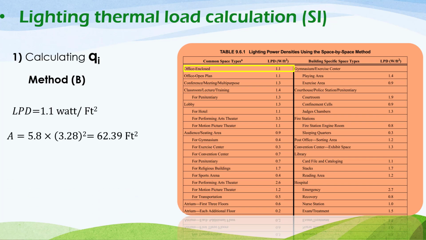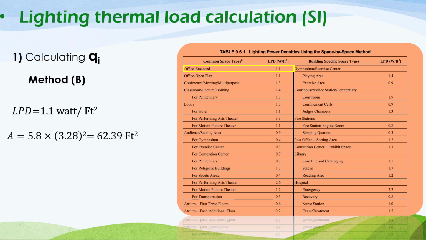The area of this printer room from the architectural plan is 5.8 square meters. But we need to convert the area from square meters to square feet, as the lighting power density is per square foot. So we multiply 5.8 times 3.28 squared, which gives us an area of 62.39 square feet.